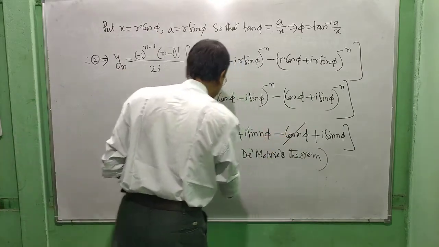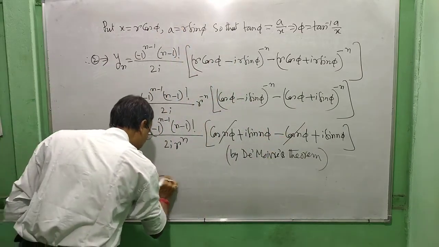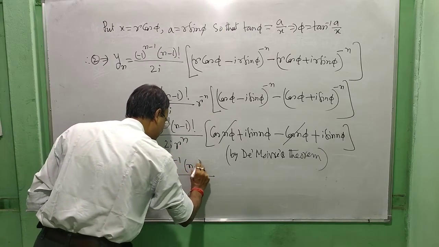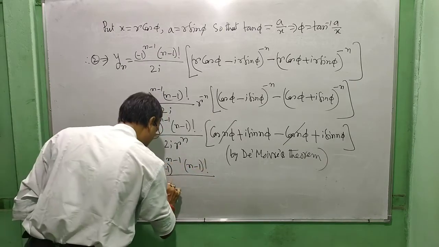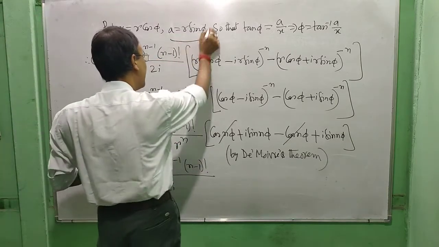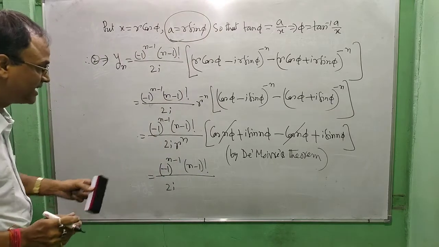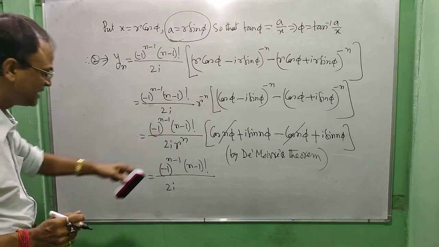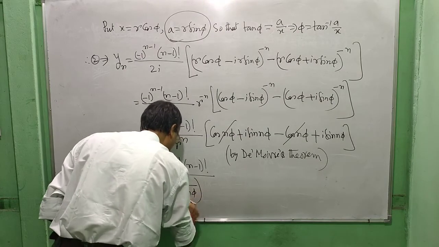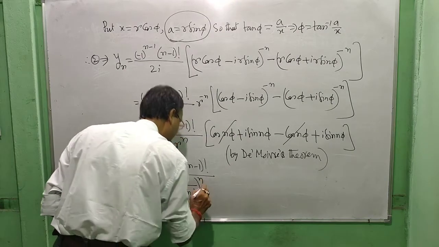Now, these two terms will be cancelled. This is equal to (-1)^(n-1) factorial n minus 1 twice i. You see, a is equal to r sin phi. Therefore, r is equal to a by sin phi, whole to the power n.